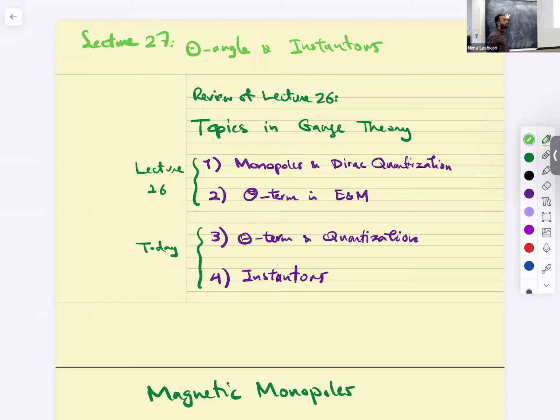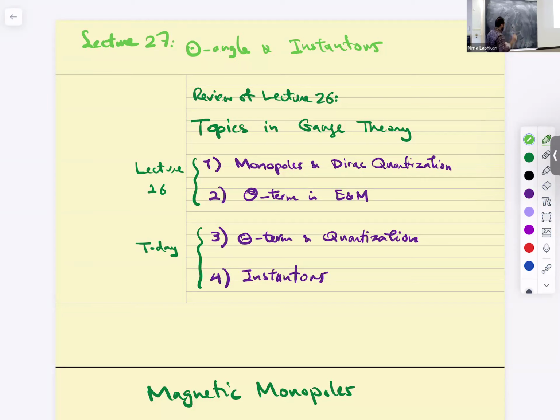If you recall, what we said was that the gauge field came about when we tried to insist on a local description, right? Every time there was something like this, A mu corresponded to a non-trivial gauge transformation, topologically non-trivial gauge transformation, right?